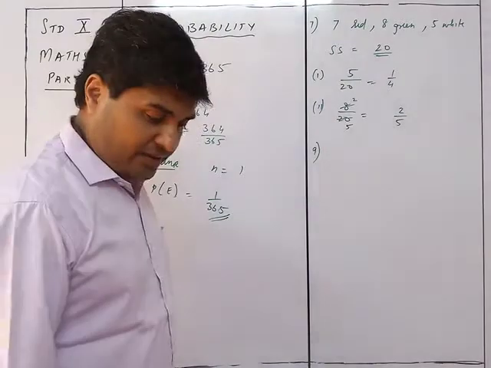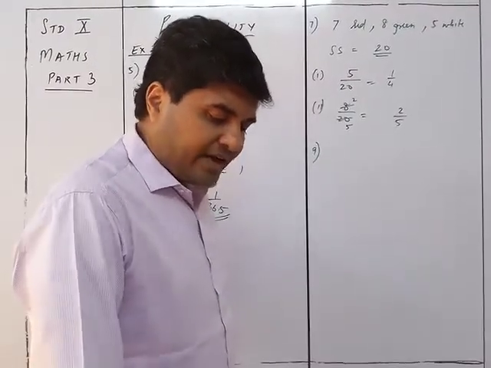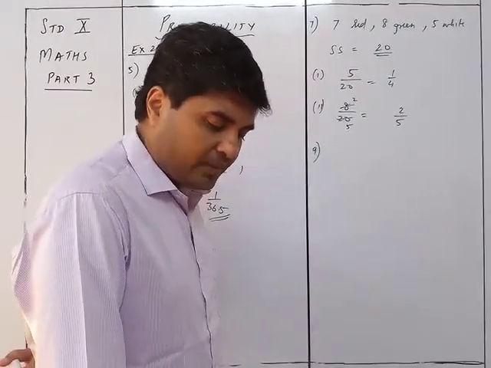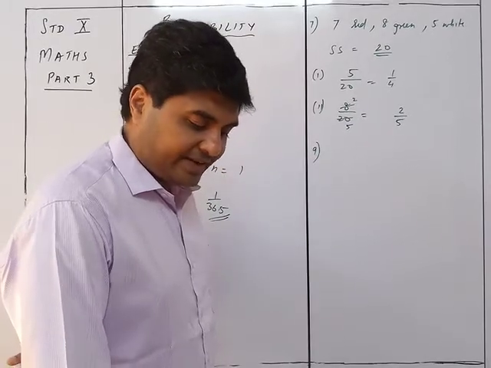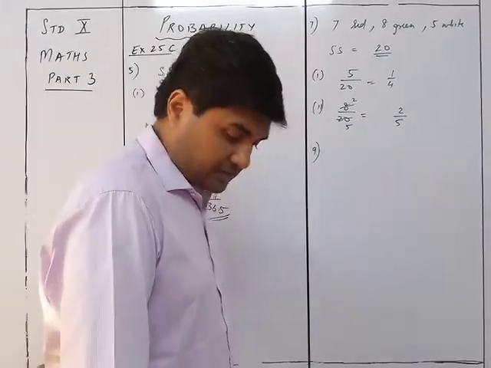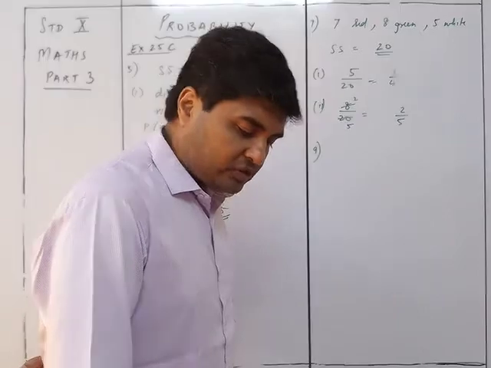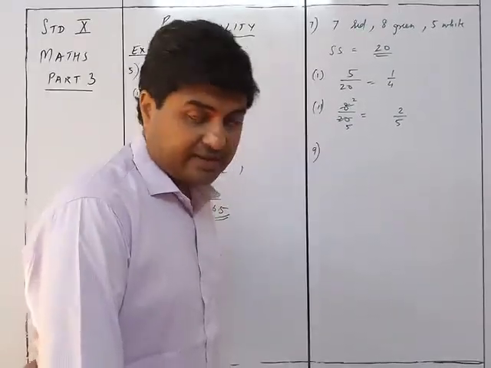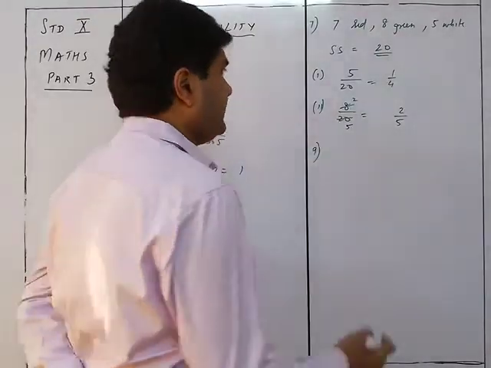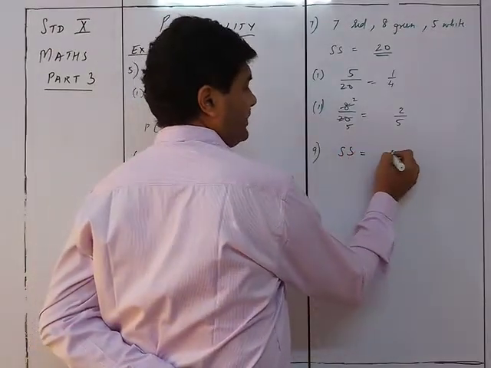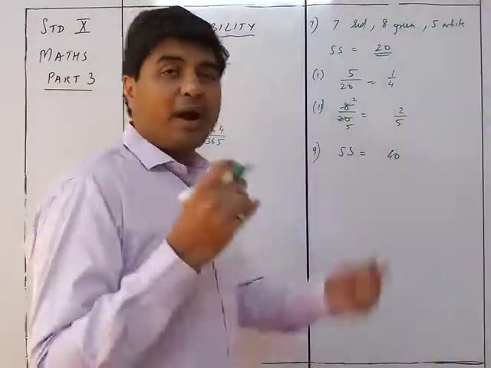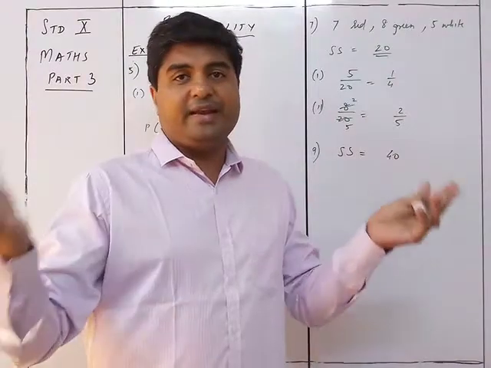Move on to question 9. In a musical chair game, a person has been advised to stop playing the music at a time within 40 seconds after his start. What is the probability that the music will stop within the first 15 seconds? So we know that the sample space is going to be 40 seconds, because he could stop at 1 second, 2 seconds, 3 seconds, up to 40 seconds, anytime.